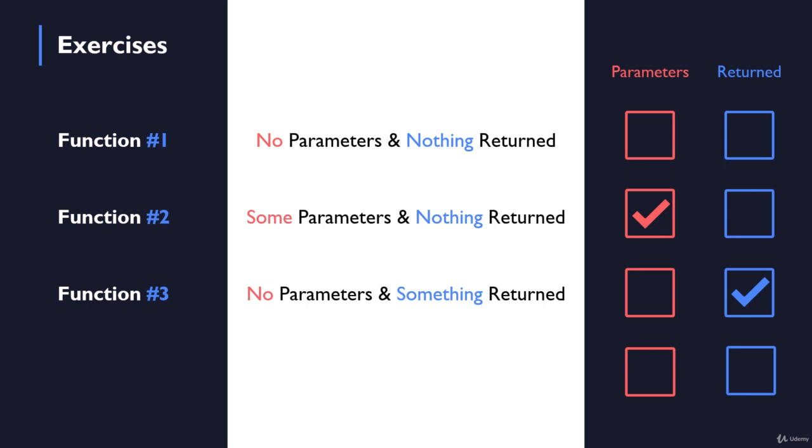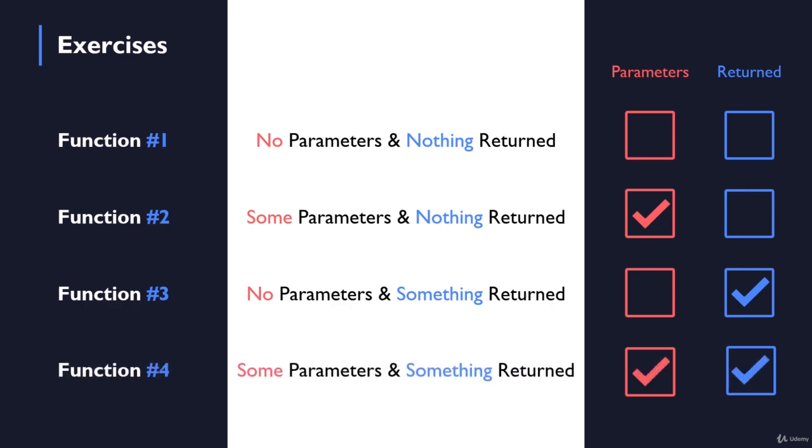And then the function is going to find out and return the maximum value between these 3 values that we read from the user. And lastly, we are going to take a look at function number 4, which has some parameters, and also we expect that it will return us something. So this function is going to receive 3 grades, okay? It's going to receive your 3 grades, calculate and find out the average grade, and then return it to whoever called it.